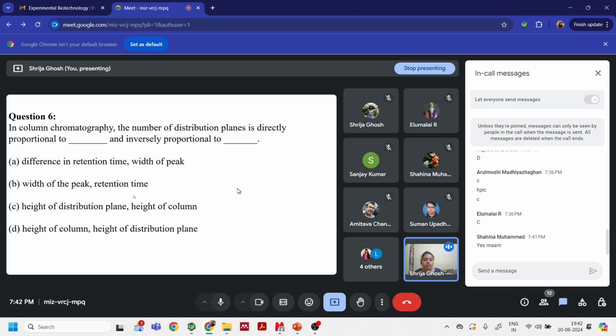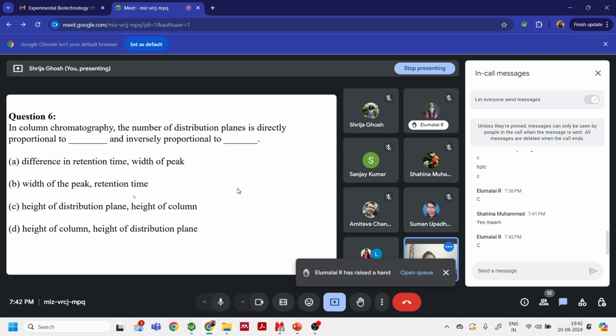Anybody wants to answer? Yeah, do you have a question? I see a hand raised. You can unmute and ask. Okay, you wanted to answer option C, height of distribution plane. It is directly proportional to height of distribution plane and inversely proportional to the height of the column.